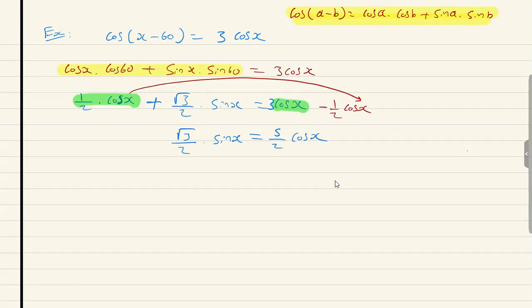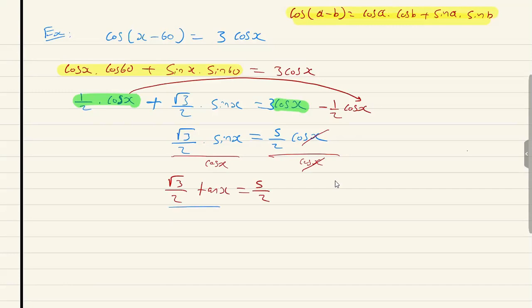What we are going to do is divide each side by cosine x. Cosine x and cosine x cancel. Sine x over cosine x is tangent. So it is root 3 over 2 tangent x is equal to 5 over 2.